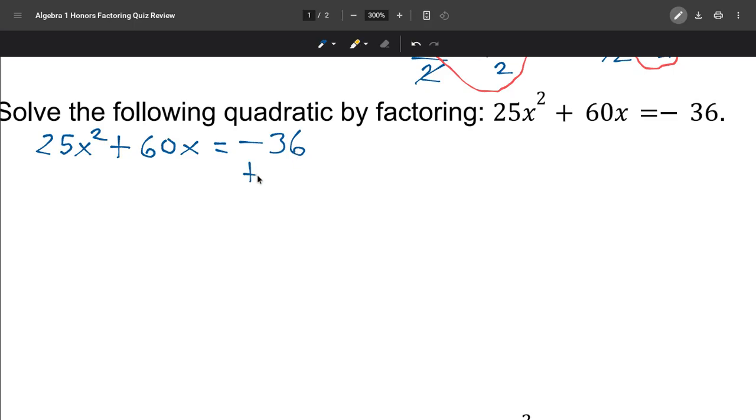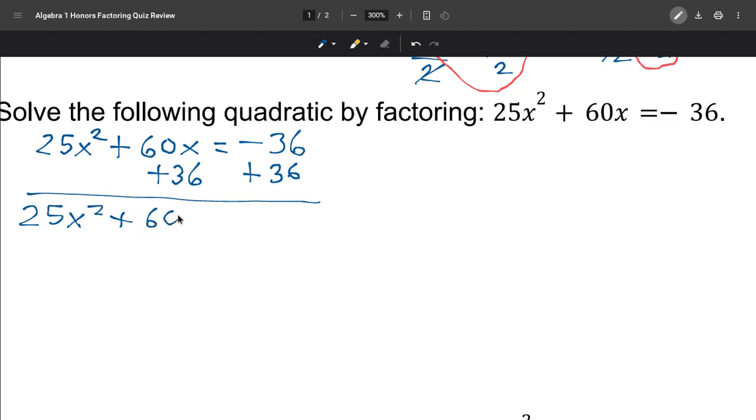Okay, so I want to add 36 to both sides to get one side equal to 0. So we're going to get 25x squared plus 60x plus 36 is equal to 0.